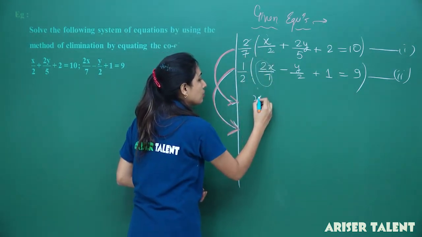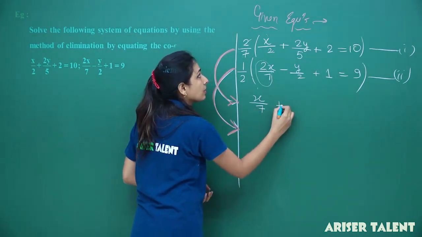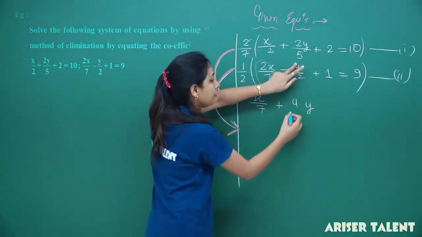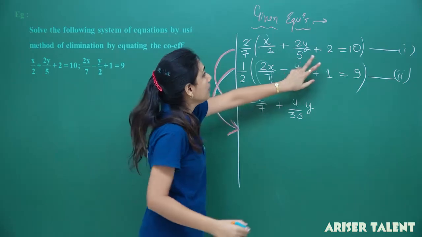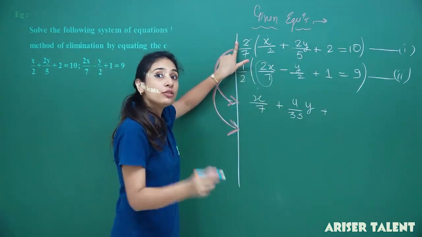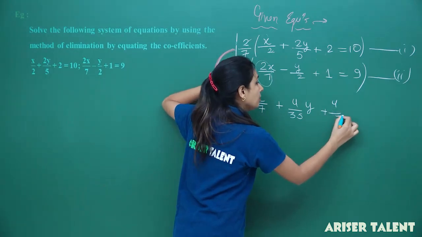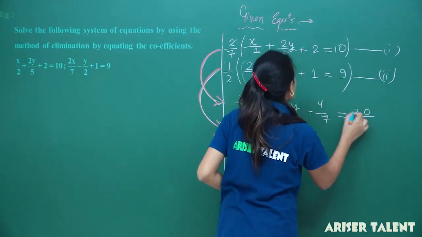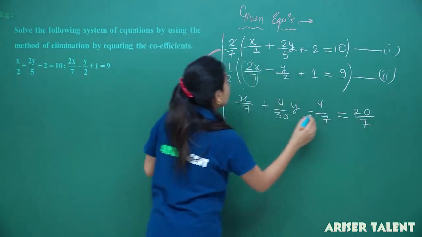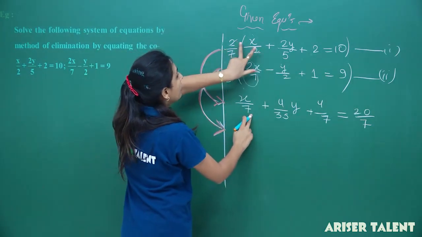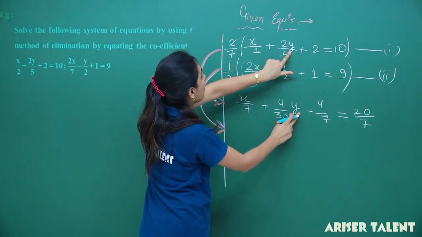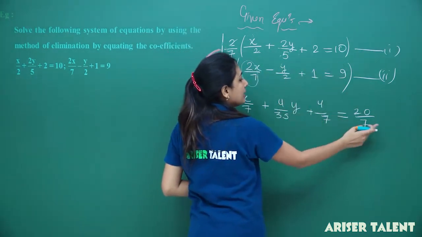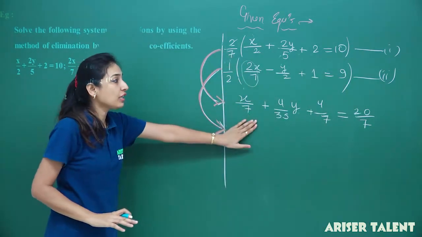Now, x by 7 plus, 2 and 2 is 4, y, 7 and 5, 35, plus 2 multiplied by 2, 4 by 7 equals 2 multiplied by 10, it's 20 by 7. Now, cross check. x by 7 plus 4 by 35 y plus 4 by 7 equals 20 by 7. This is the first equation we have transformed.